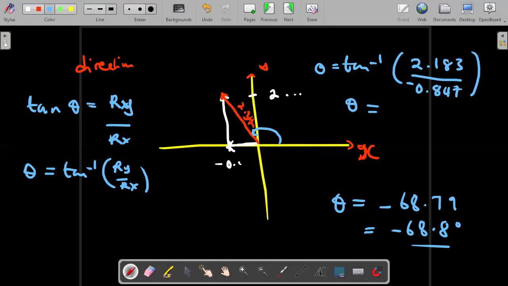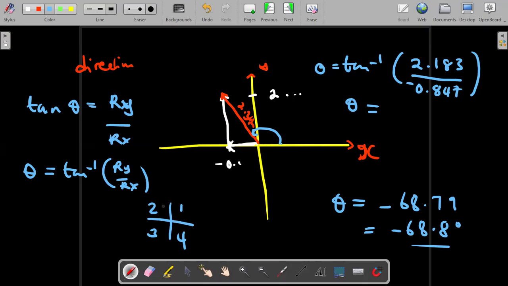So now here I'll check my quadrant. If I have this negative angle here, I see that the angle starts from the positive x-axis and goes up to the second quadrant. When we talk in terms of quadrants, we have the first, the second, the third, and the fourth.